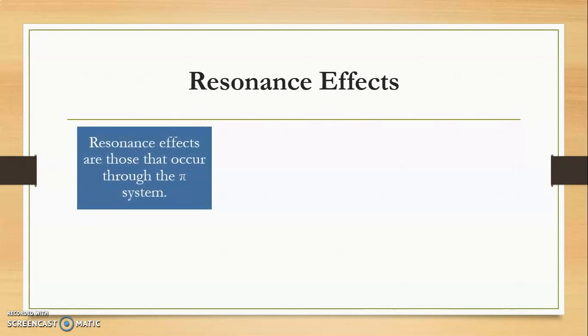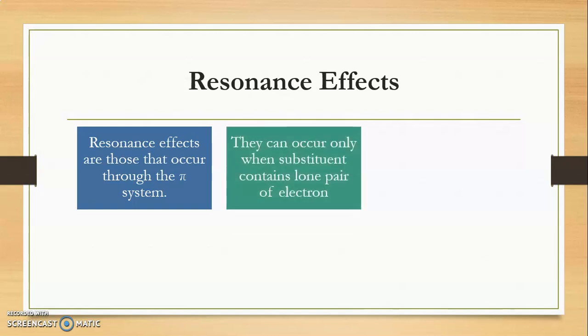Similarly, the resonance effect are those effects that occur through the pi system. So as inductive effect is shown by sigma system, these resonance effects are shown by the pi system.